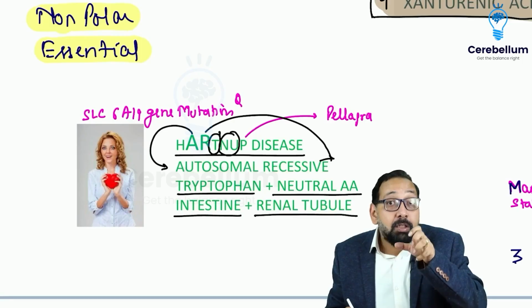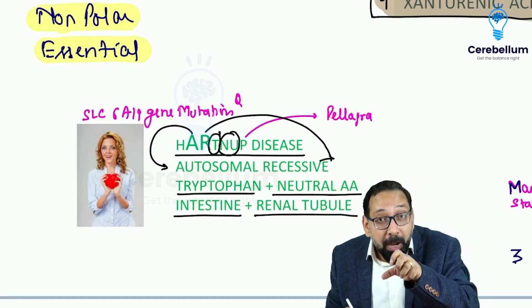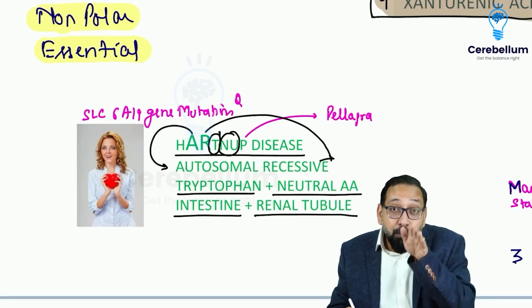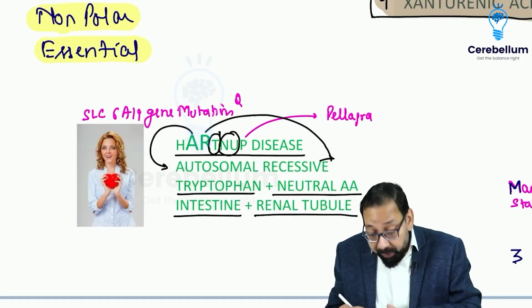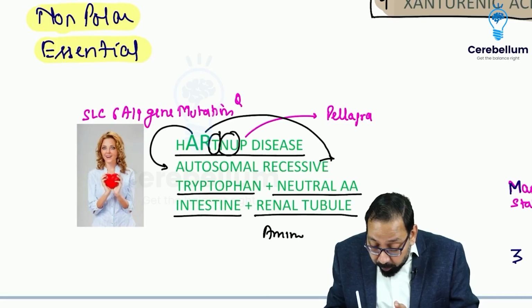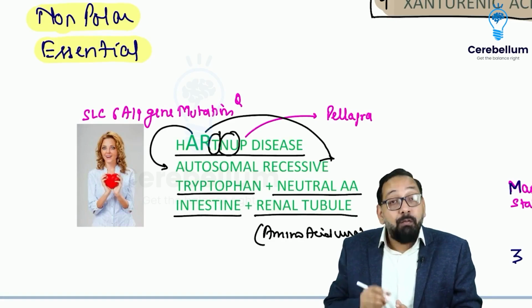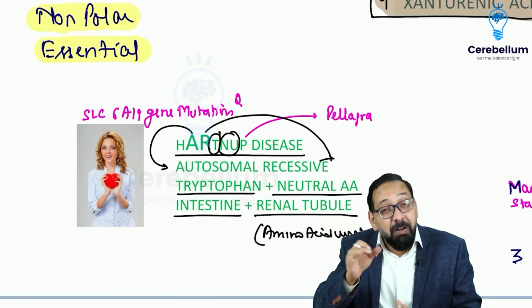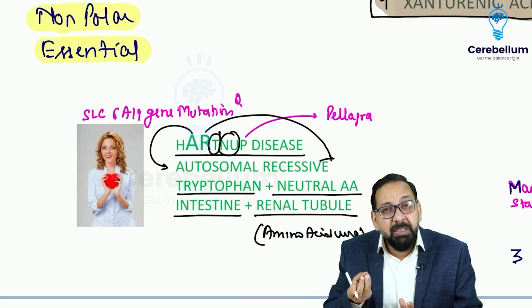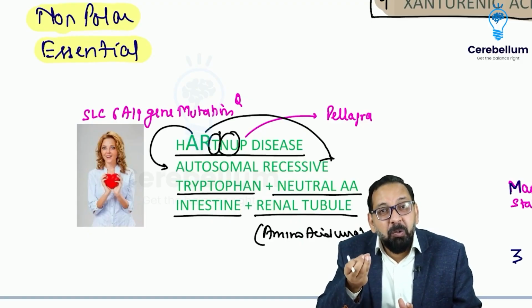And when the renal tubule will not be able to absorb tryptophan, tryptophan will come in urine. So there would be amino aciduria. And when tryptophan is excreted and not absorbed, there is tryptophan deficiency, and tryptophan will not be converted to niacin.